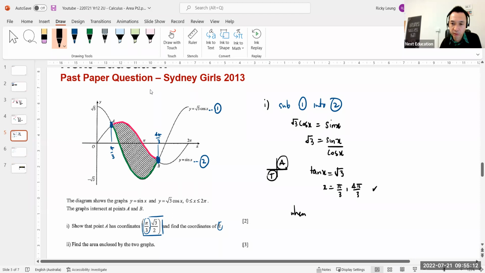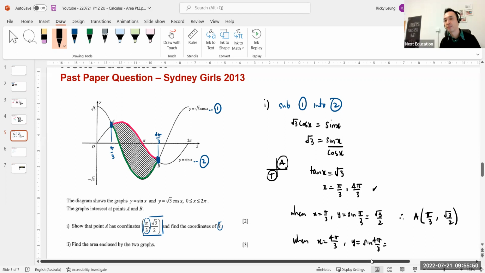When x equals pi on 3, sub this into maybe number 2, y equals sine pi on 3. What's that? Sine 60, which is root 3 on 2, isn't it? So therefore, A has the coordinates pi on 3 and root 3 on 2. Similarly, when x equals 4 pi on 3, y equals sine 4 pi on 3.